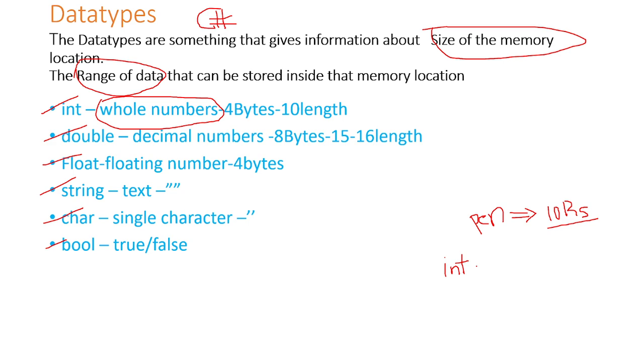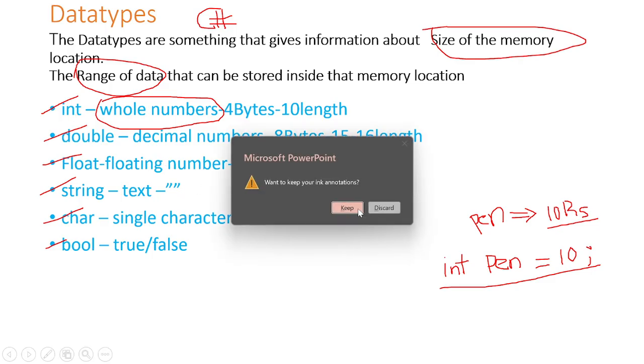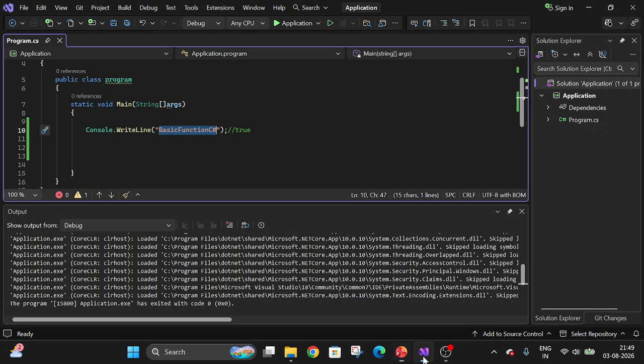I'm defining the variable as pen, equal to 10, for that particular amount of the product, and we use it as an integer. Going to the code here.